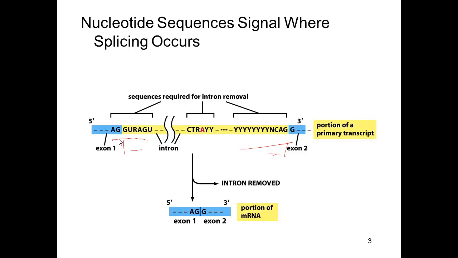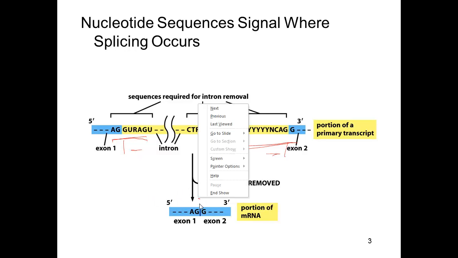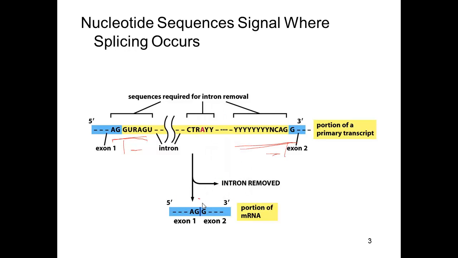There is an 8 base pair sequence at the 5' end and a 12 base pair sequence at the 3' end that indicates where the splicing should occur, and here is where the excised intron would have been. Now in the sequences here, in addition to A, C, G, and U, there are some other letters.